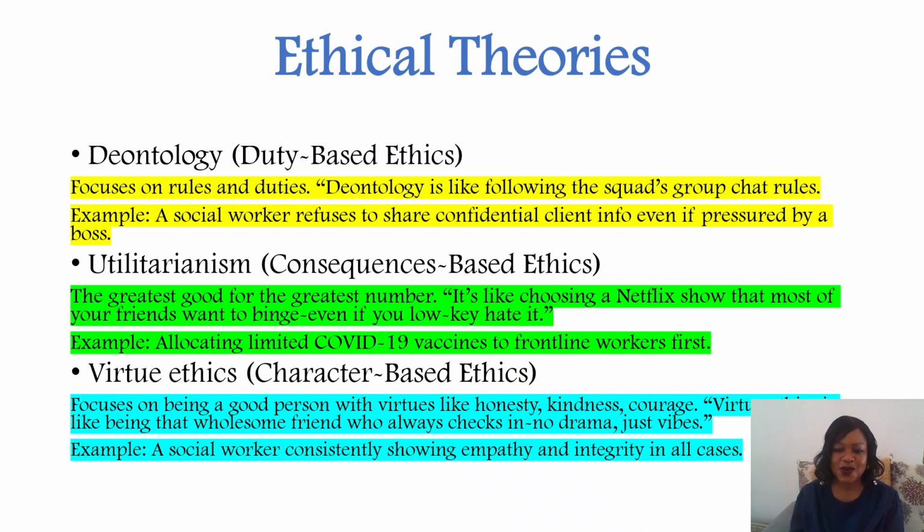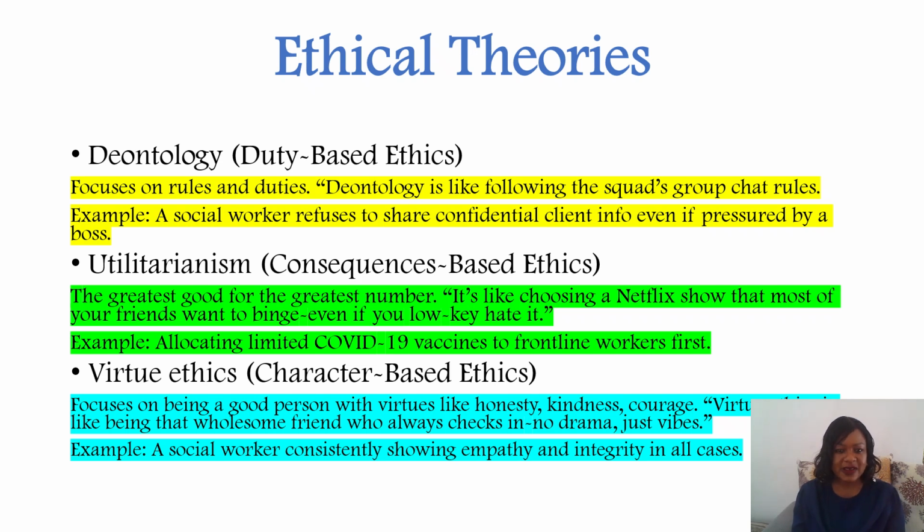Now, theories, as you're aware, are the thought processes that help us explain actions, right? Ethical theories explain why we choose certain actions. They help justify decisions when values conflict, because you need to be able to justify why you made a particular decision.